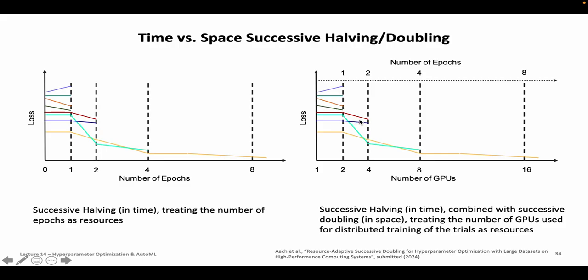But what we now do is to take the GPUs of these terminated trials and give them to the training loops of the better trials, the trials that are allowed to continue training. And what this will do is actually accelerate the runtime of your better performing trials, because now they have more GPUs to run in parallel.